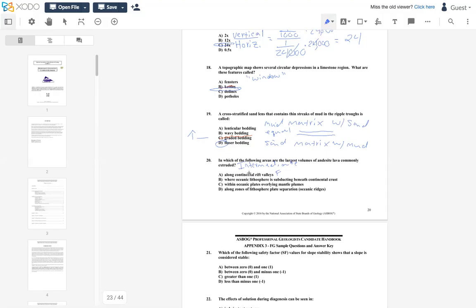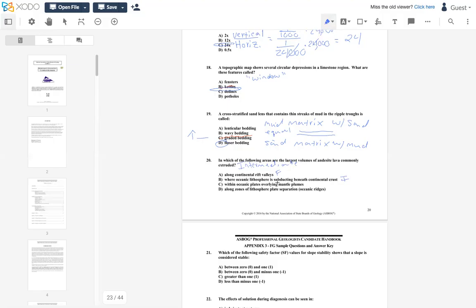Continental crust is felsic, so that makes sense. Oceanic lithosphere with continental crust. Oceanic lithosphere is mafic. Beneath the continental crust, if you have melting, that could get you an intermediate. So I'm going to mark this intermediate, but we'll look at the other answer choices and see what we get.